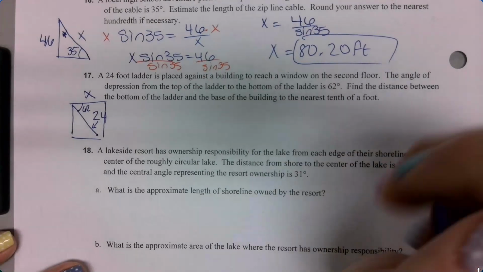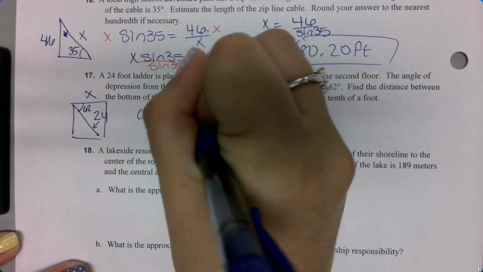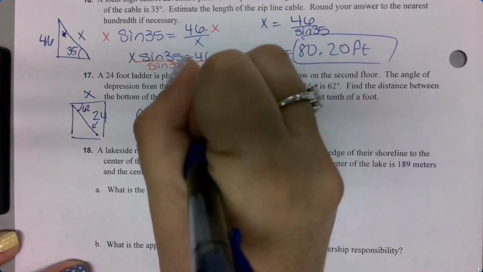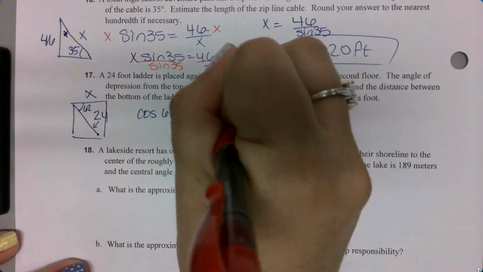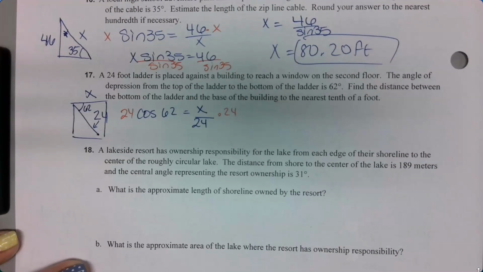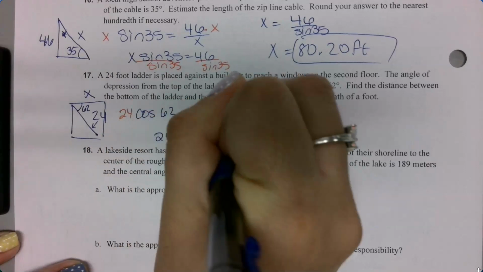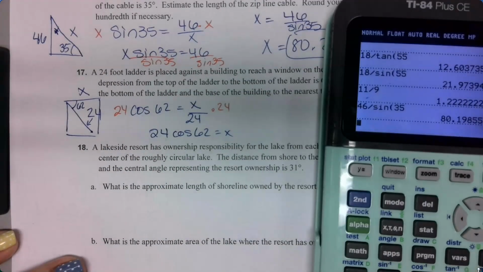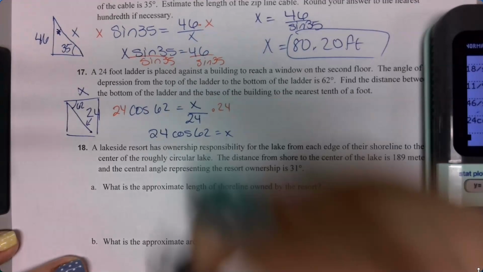So I have my hypotenuse and my adjacent. This is cosine. So on this one, I just need to multiply both sides by 24. That gets me, it wants nearest 10th, 11.3 feet.